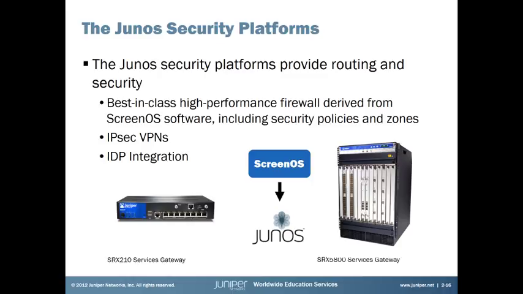There are the smaller ones, which are designed for the branch office scenario, and then there are some massive ones which are designed for very high traffic situations and lots and lots of ports. So we're using the branch office type for what we're doing, and this is where they excel very well in that particular role. Okay, so they provide both routing and security.